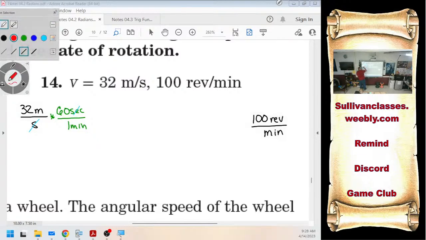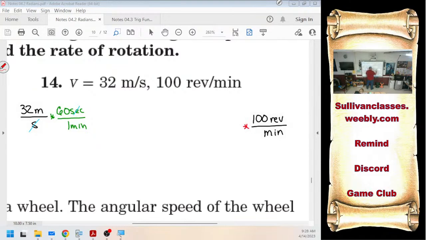So on this side, there is 1 revolution to 2 pi radians. I don't need to. Remember, radian is a radius. A radius is what I'm trying to find.